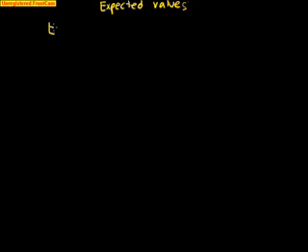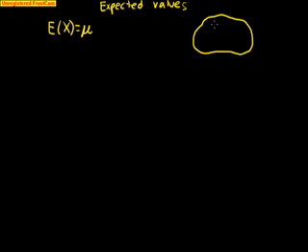So an expected value is often denoted as E[X], and it's equal to the population mean. By now you should be pretty well versed as to what population means are versus sample means, but we'll do a quick visual representation using areas. In this larger area we have mu, the population mean, and in this smaller area we'll have our sample mean, X bar.